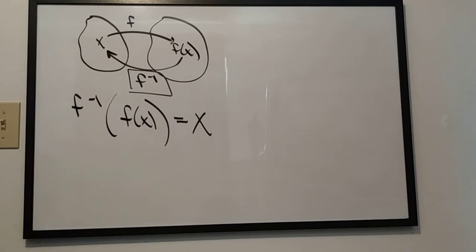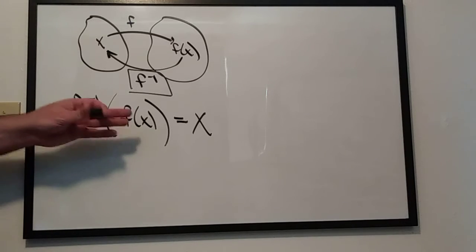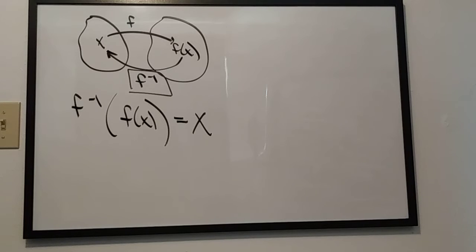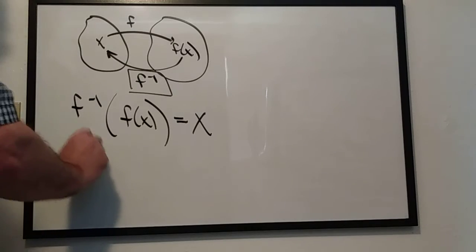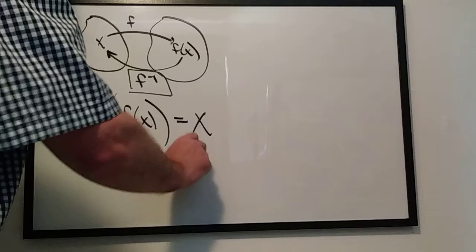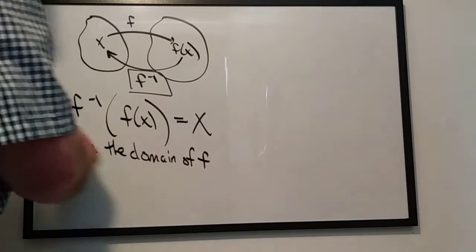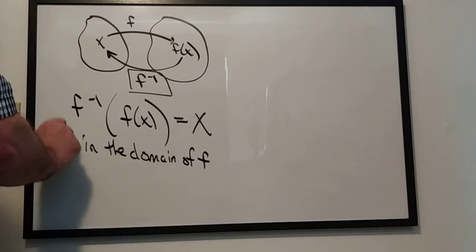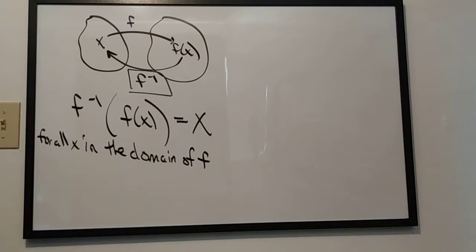Now, as you look at this, we have to be kind of careful about this one because it isn't necessarily going to be true for every single x. So we have to make a comment about the fact that it is going to be true for every x that's in the domain of f, for all x in the domain of f.